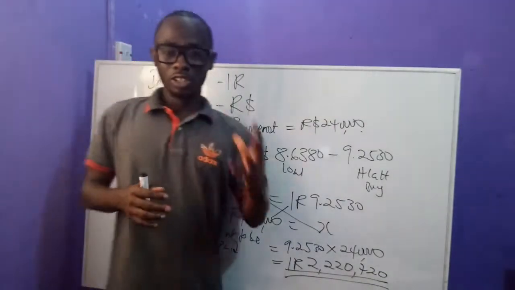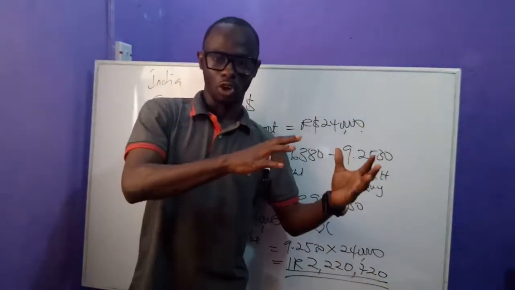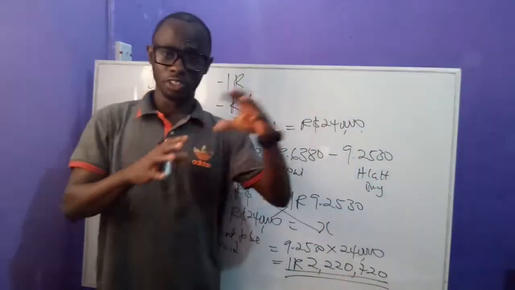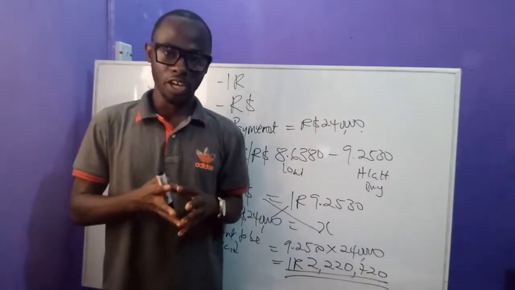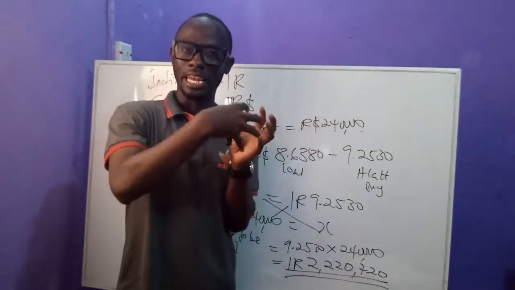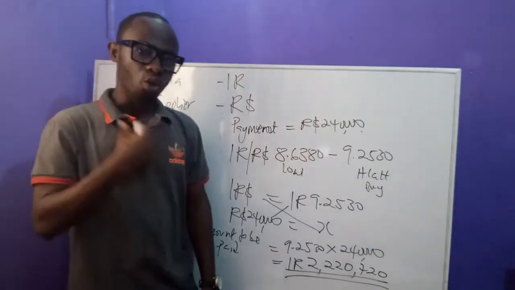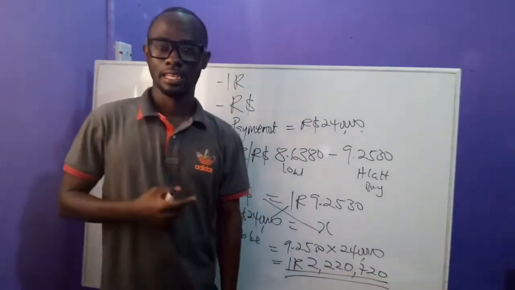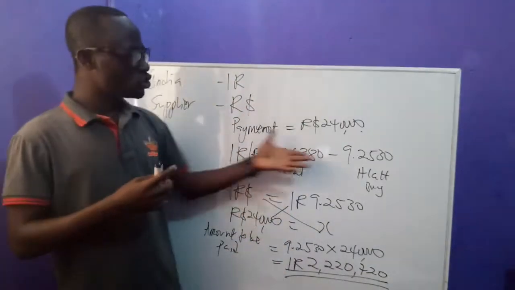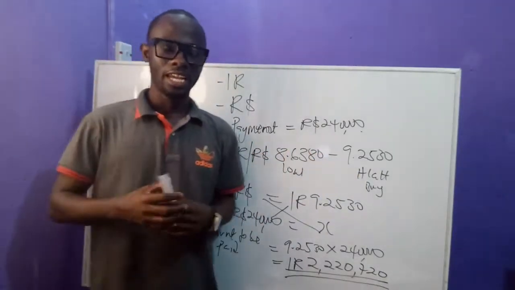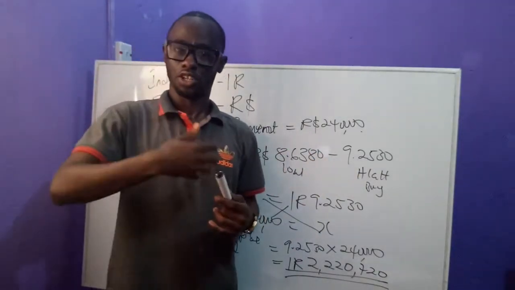So I want you to look at the first example we solved. We're going to be receiving dollars, so we give the dollars to them and they buy the dollar from us. This time around, we need to pay a supplier, but the exchange rate is quoted in such a way that it is not about a foreign currency, but rather it's about a domestic currency.